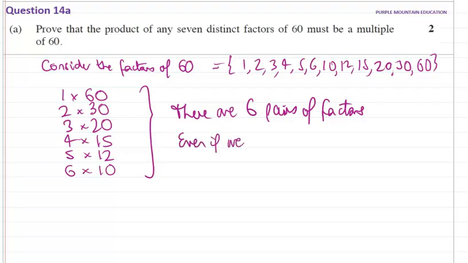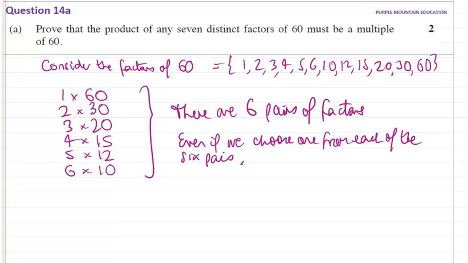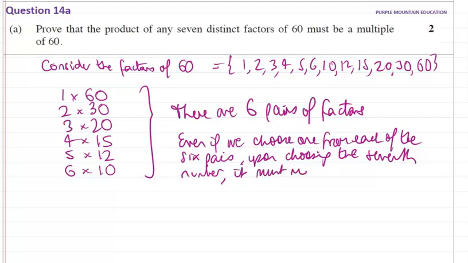Even if we choose one from each of the 6 pairs, upon choosing the 7th number, it must match with one of the pairs already chosen.